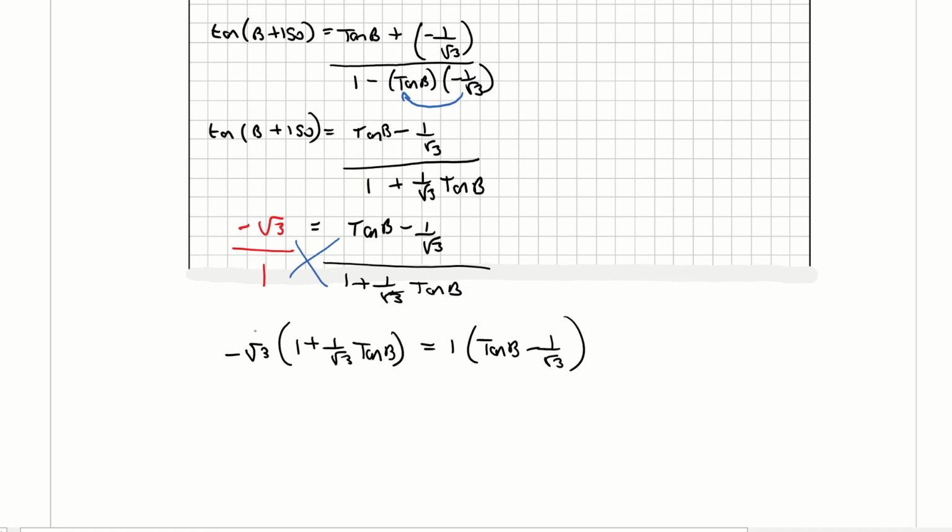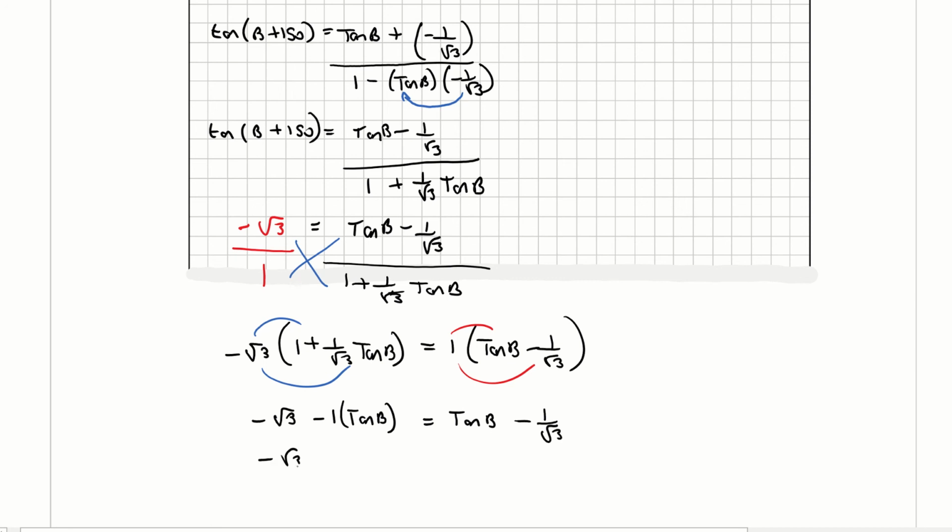And multiplying in my brackets, that's going to give me minus 1 root 3, or just minus root 3. Minus root 3 by 1 over root 3, well, that's just going to give me minus 1, isn't it? Times tan b is equal to, and then multiply in my second bracket, 1 times tan b is tan b, 1 times minus 1 over root 3 is just minus 1 over root 3.